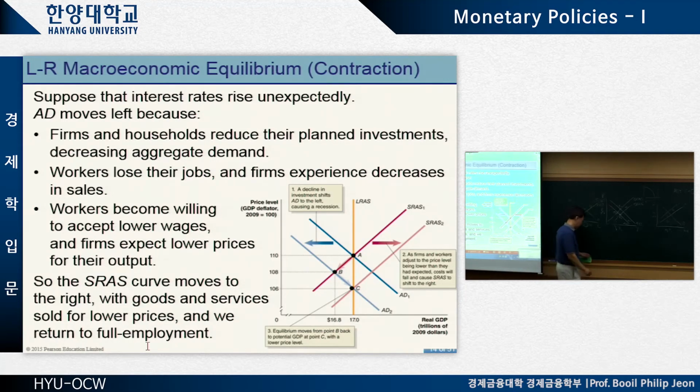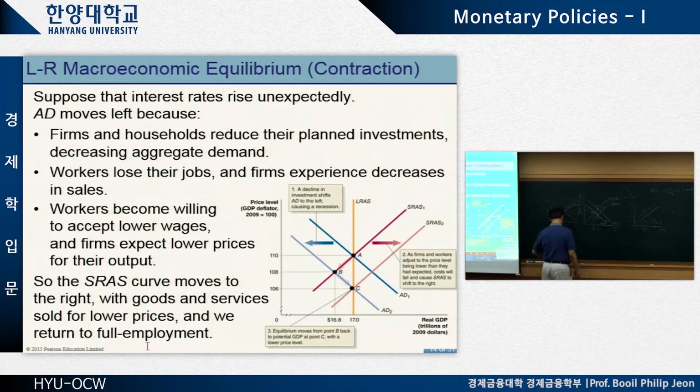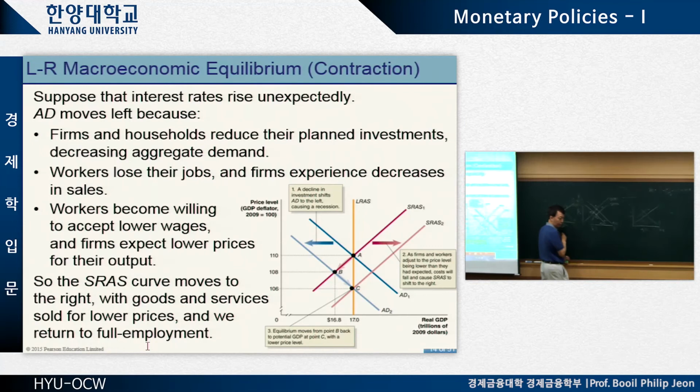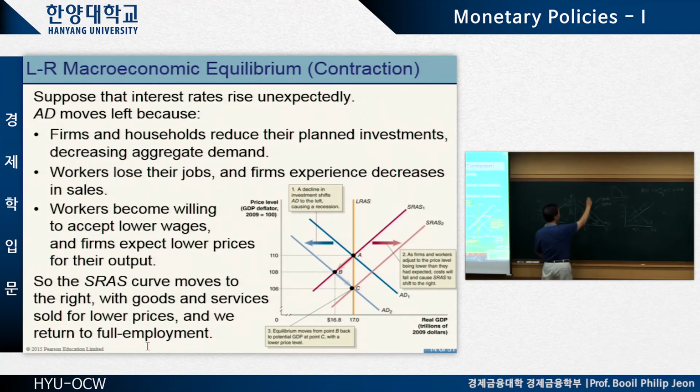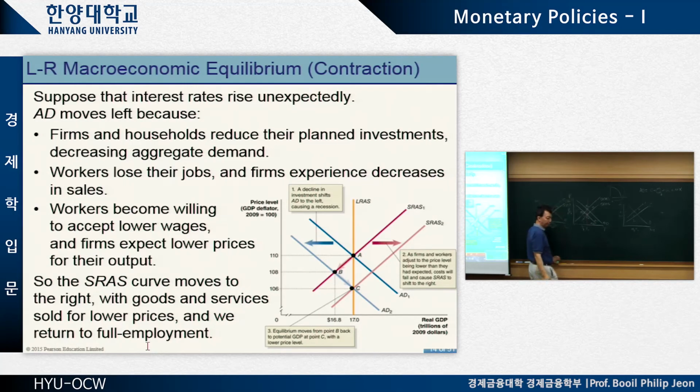So if you look at the starting point and the ending point, we have this vertical long-run aggregate supply curve.